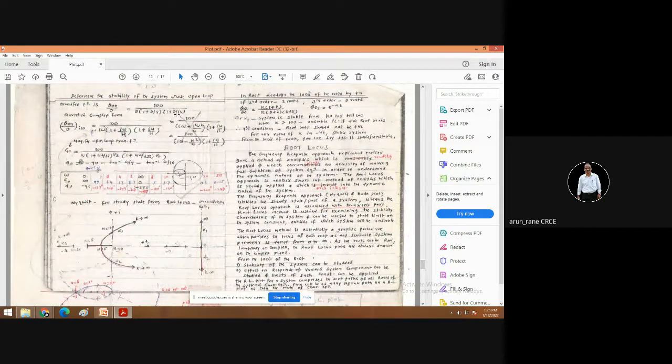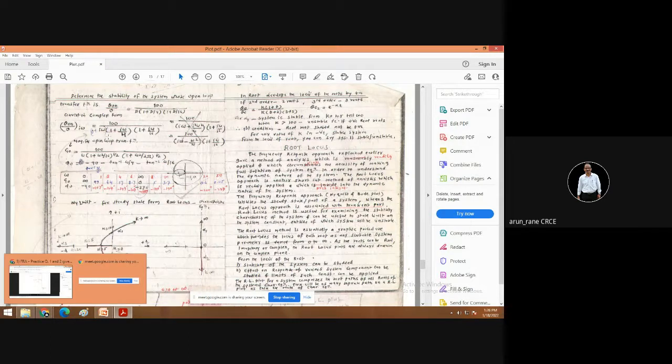Determine the stability of the system whose open loop transfer function is given by 100 upon d into (1 plus d), and so on. This has been already done.